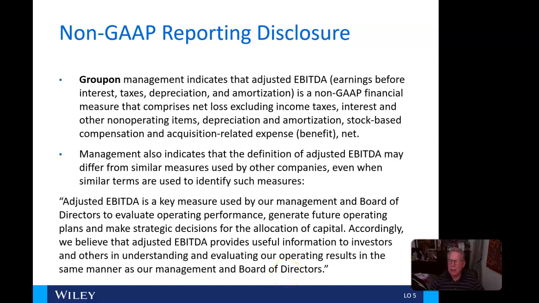So adjusted EBITDA is a key measure used by our management and board of directors to evaluate operating performance, generate future operating plans, and make strategic decisions for the allocation of capital. Accordingly, we believe adjusted EBITDA provides useful information to investors and others in understanding and evaluating our operating results in the same manner as our management and board of directors.